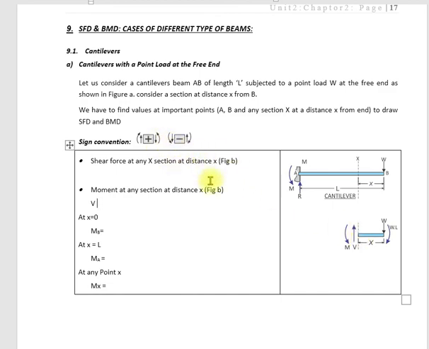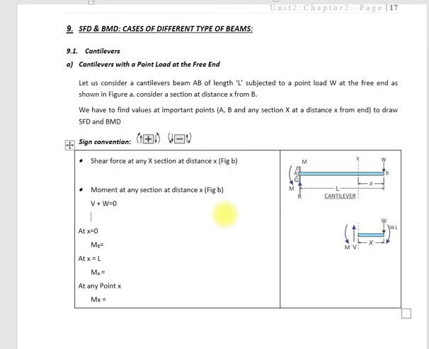Now according to this sign convention, you must remember that I have changed this diagram, V plus W equal to 0. So V at any section x will be equal to minus W.